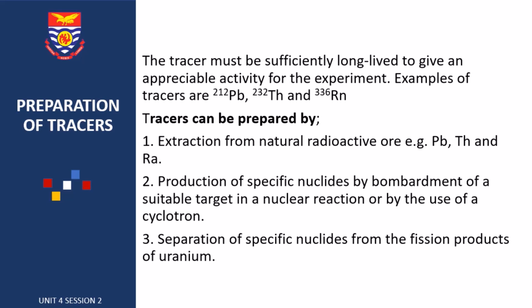For a tracer to be able to give the needed results, it must be able to live long enough in the system in which it is being used. Some examples of radioactive tracers are palladium, thorium, and some other radioactive tracers, and they are able to live long enough in the system so that analysis can be carried out.